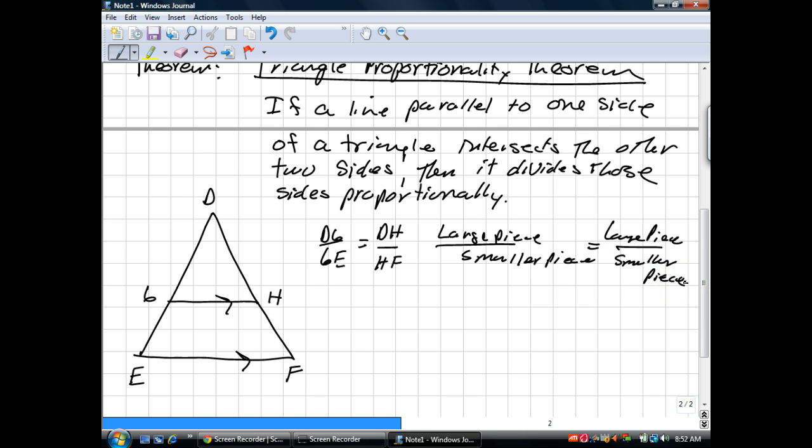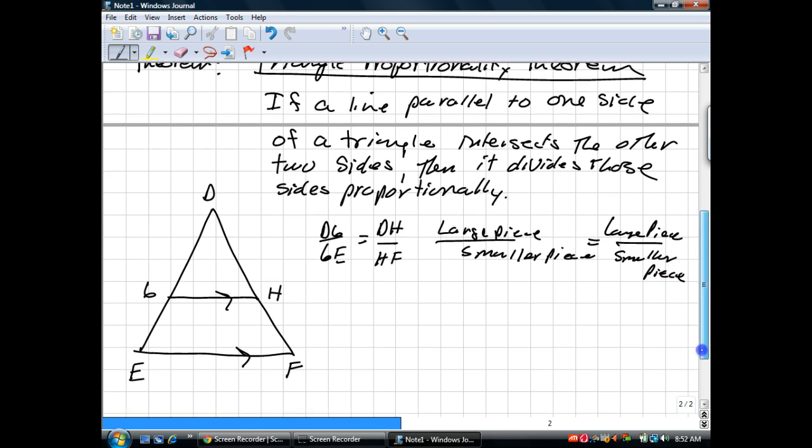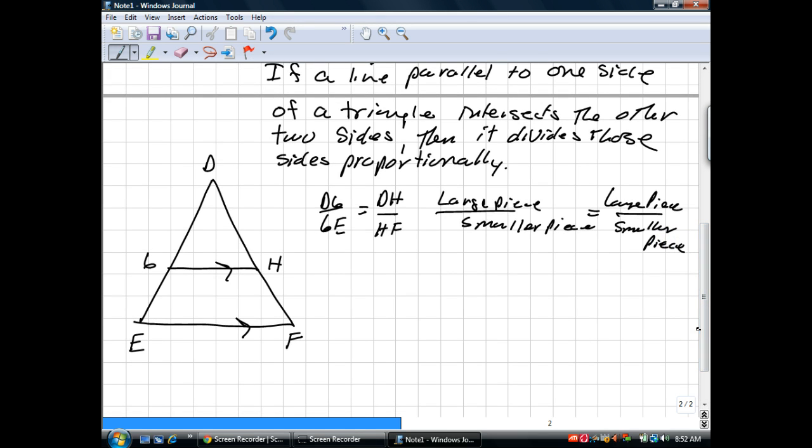Okay, but we could also do the small piece to the whole side. So we could say, for instance, GE to DE, and it would be HF to DF, which is the smaller to the whole over the smaller to the whole.